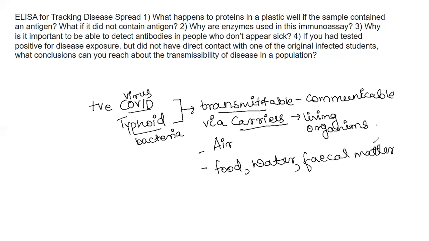So what I can tag here is that it is a communicable disease in a population, and under that there are certain diseases which pass via carriers where you cannot find any symptoms. Understood? We have answered all the 4 sub-questions.